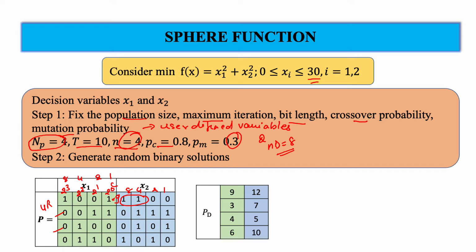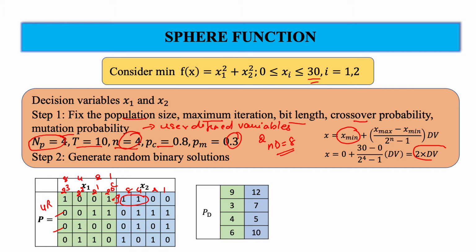To calculate the actual value, we have a formula we saw in the last lecture also. Here for both variables, my x minimum is 0 and x maximum is 30, and 4 bits are defined for each variable. So this formula applies to both variables, and the actual value of both variables will be 2 times their decoded value.